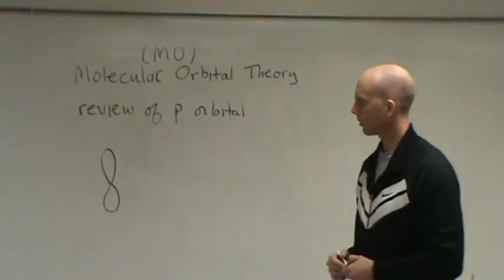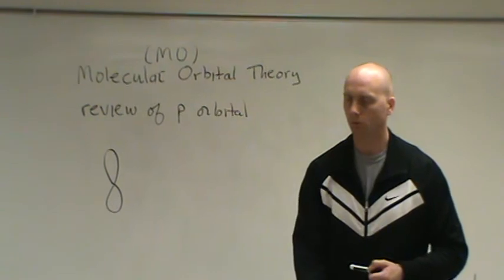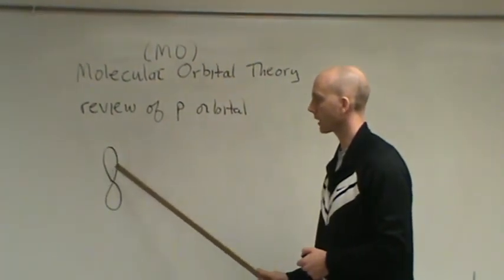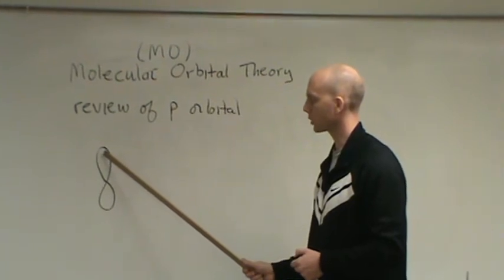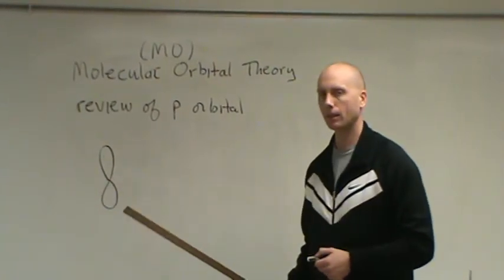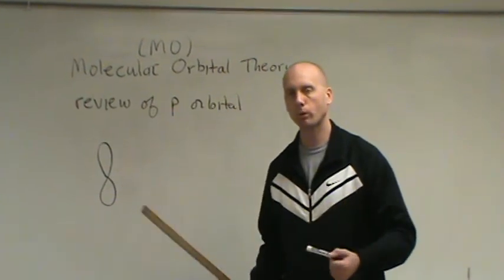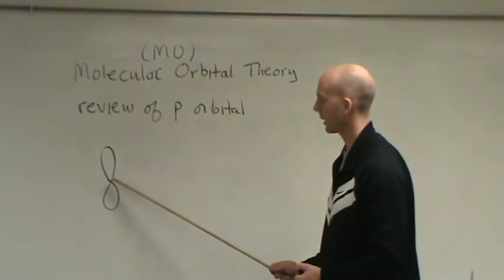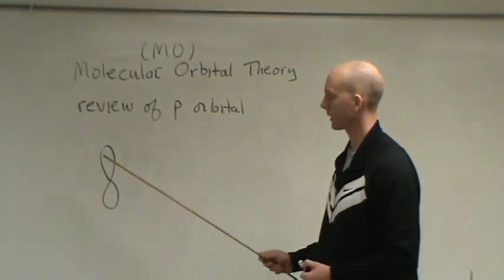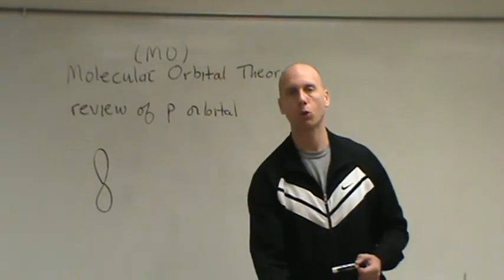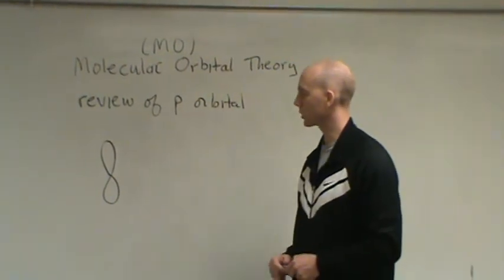And remember, when we're looking at a p orbital, we have an electron in it that is basically swimming from this side to this side and back. If you looked at all the swimming motion, it would end up giving a shape of something like this. And this dumbbell shape, or this p orbital, is what we want to investigate a little bit.